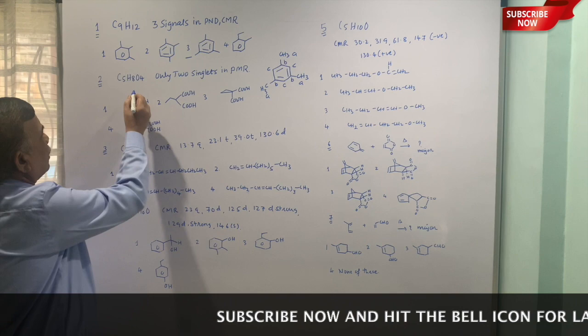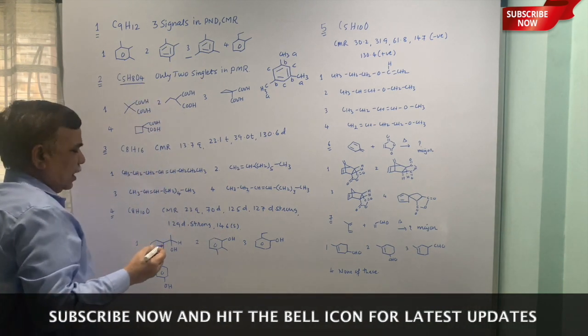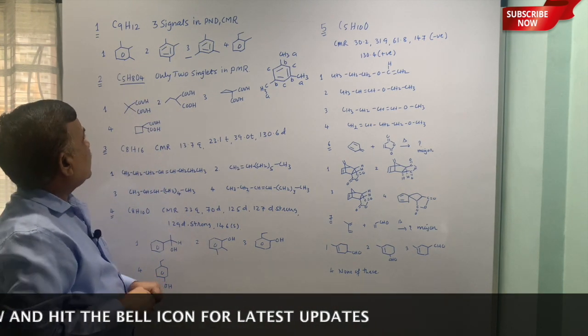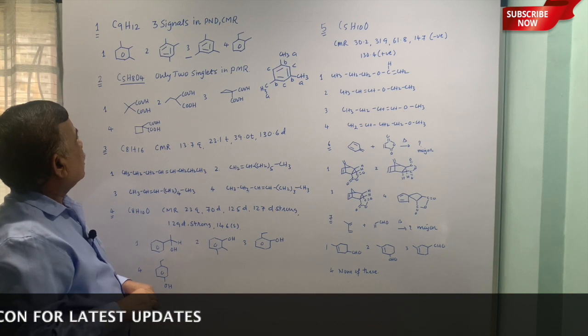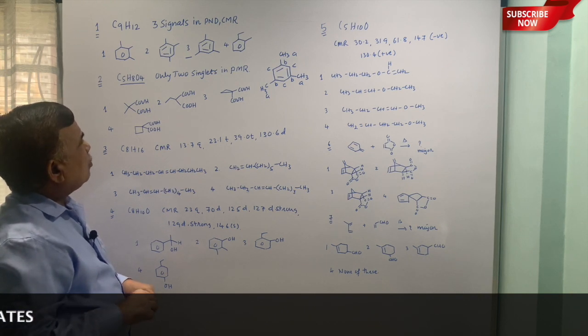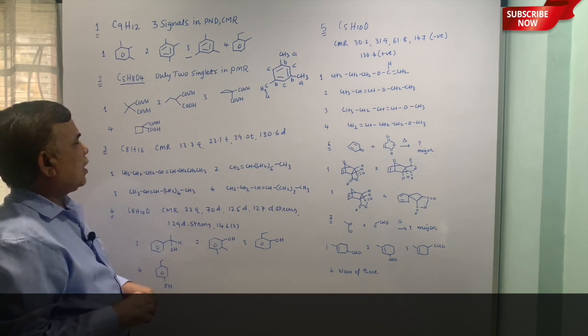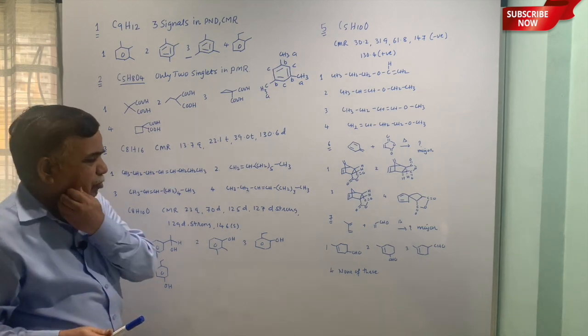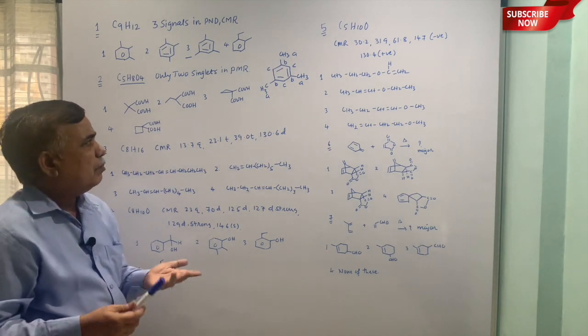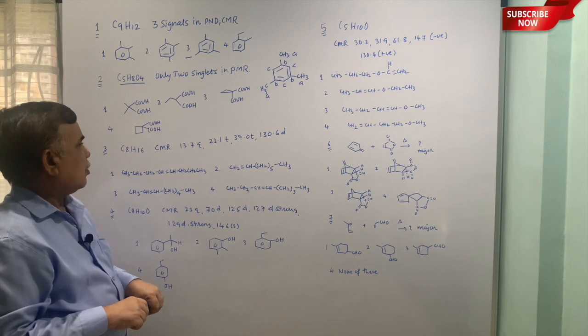Okay. Then second one is C5H8O4. Only 2 singlets in PMR. Now singlets means there should not be a coupling between the neighboring protons.